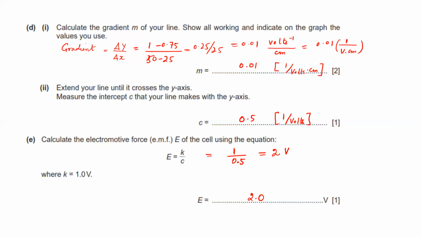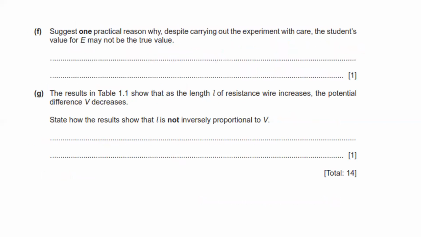Then part F, it says, suggest one practical reason why, despite carrying out the experiment with care, the student's value of E may not be the true value. There may be many reasons. One is the cell discharges with time, and this causes error in our readings.